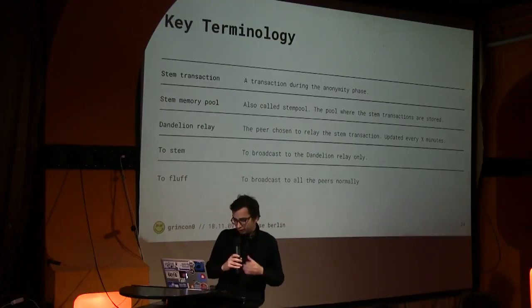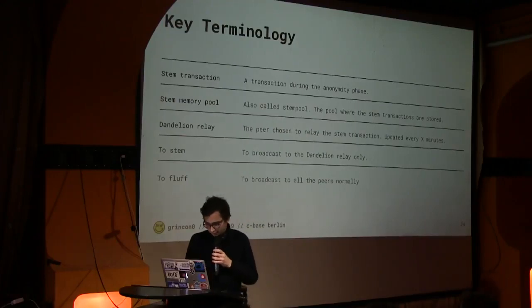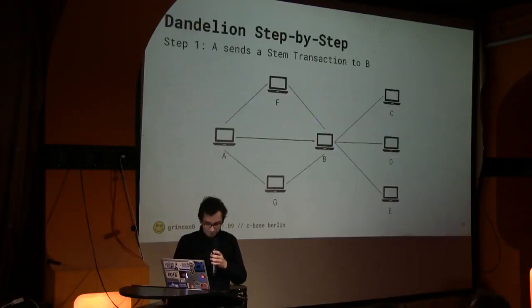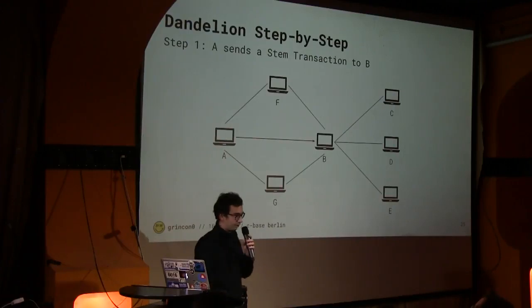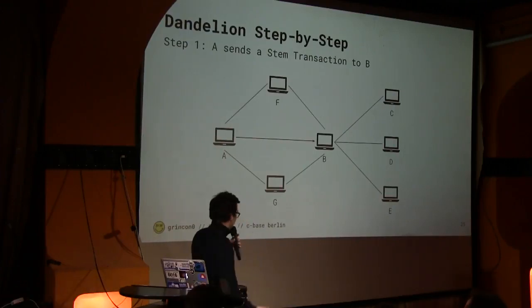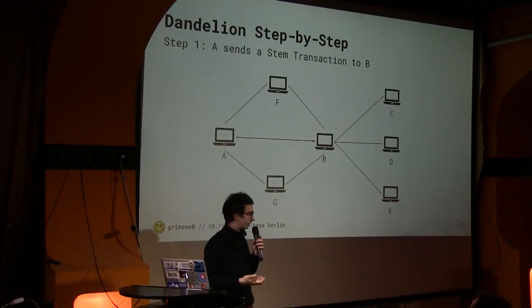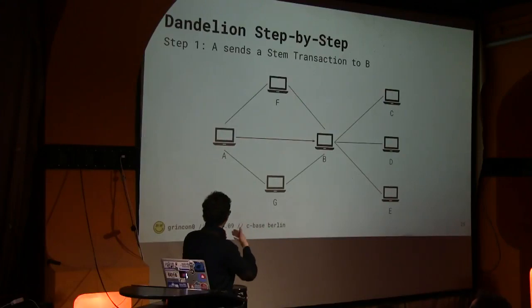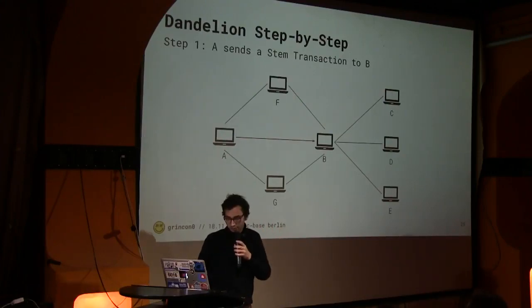Okay. So now that we have this vocabulary in place, I can start explaining step by step what is happening here. For example, A wants to send a transaction using Dandelion. So A will send a stem transaction to his Dandelion relay. In that case, it's B. And what will B do?